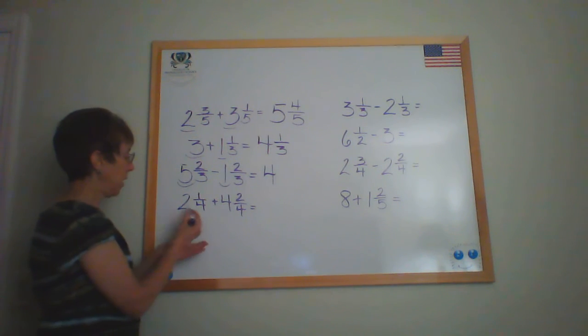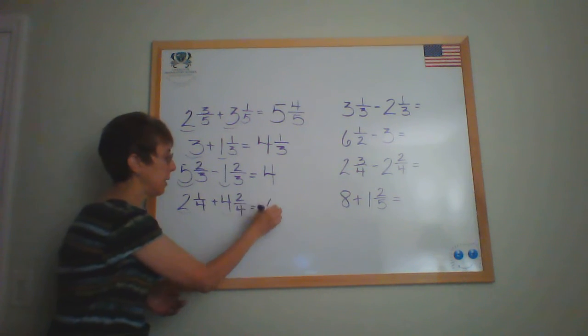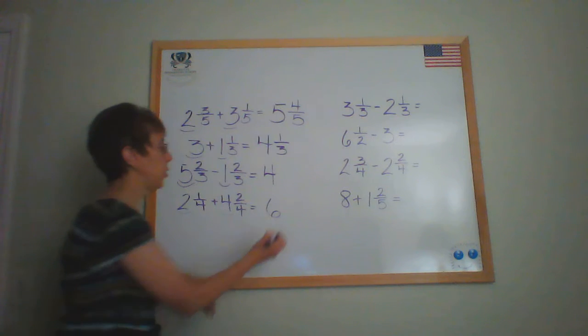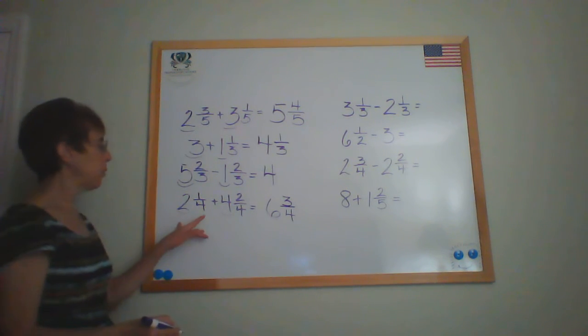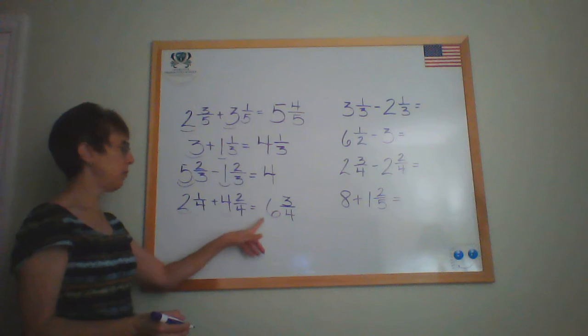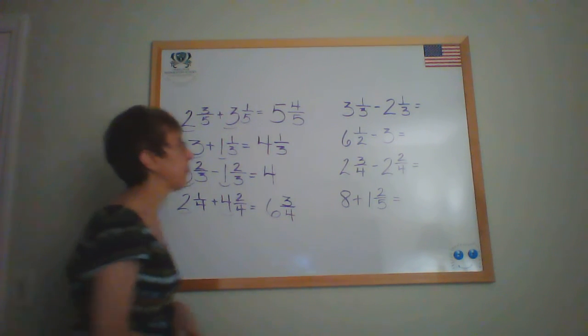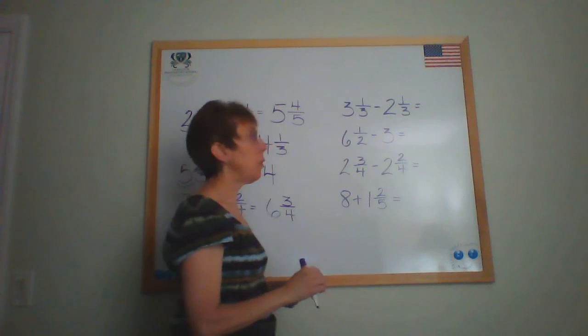Now we're adding. Again, whole numbers, 2 plus 4 equals 6. And then our fractions, 1/4 plus 2/4 equals 3/4. So 2 1/4 plus 4 2/4 equals 6 3/4. Another example, 3 1/3 minus 2 1/3.